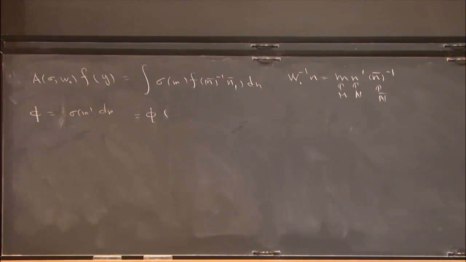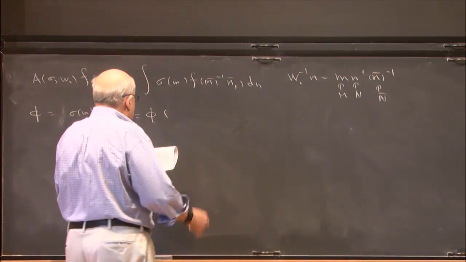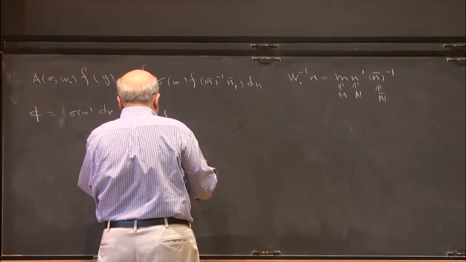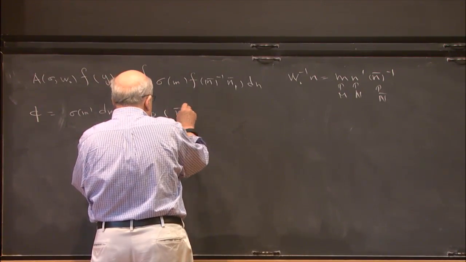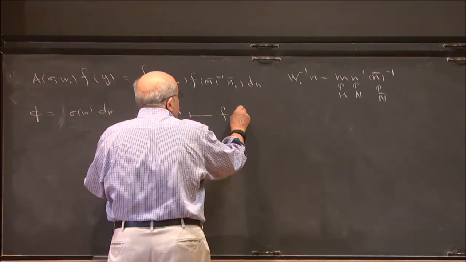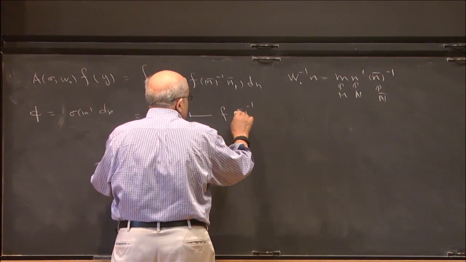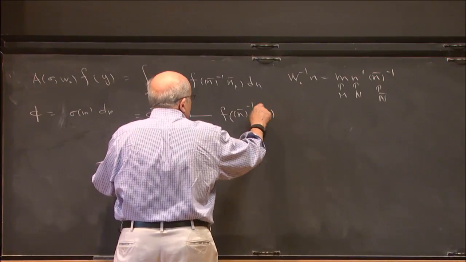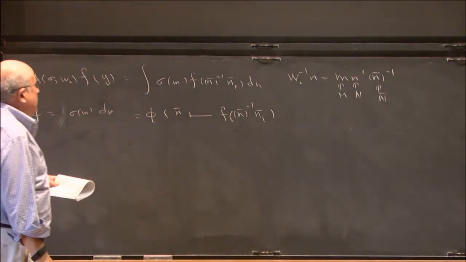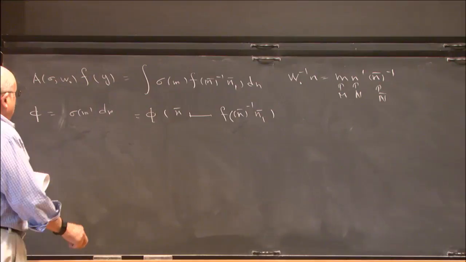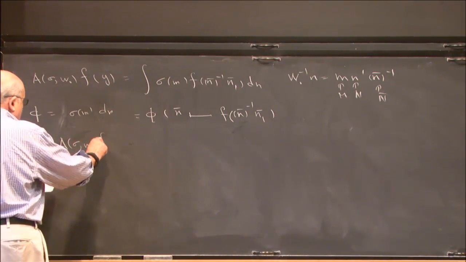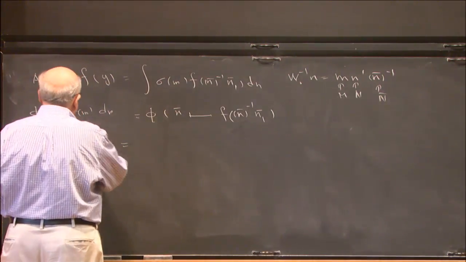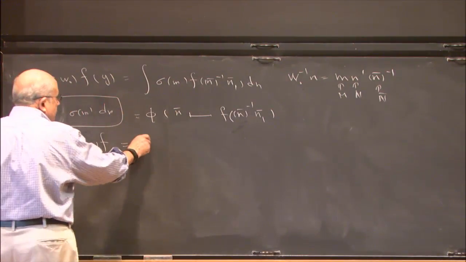I'll take phi to be this measure, and this is just like a distribution. So it's acting on this thing, and this is clearly a convolution, so this means I can write the intertwining operator applied to f as a convolution of this measure with f.